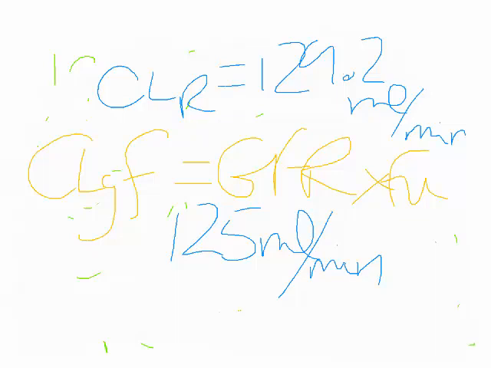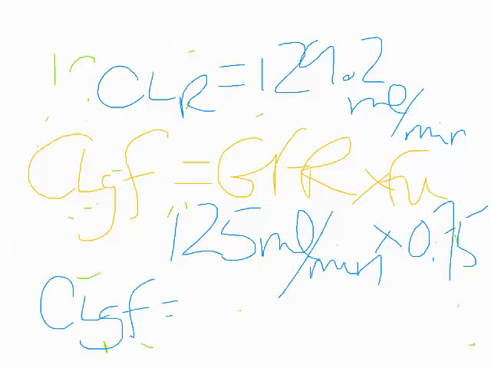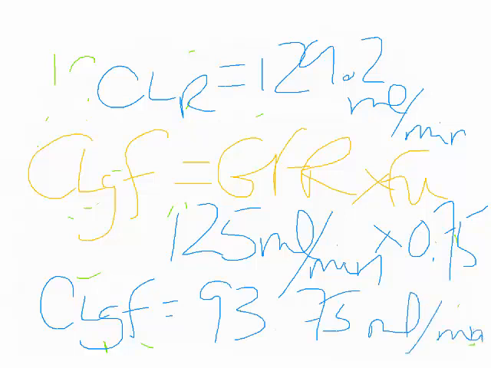That's a given. And the fraction unbound of this drug is 75%. So what's 75% of 125? The filtration clearance is going to be 93.75 mils per minute.